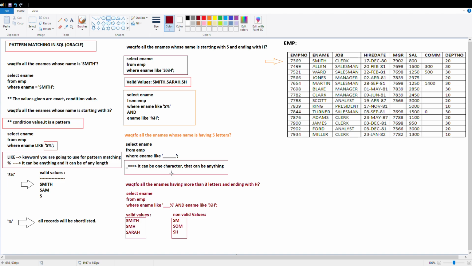Whereas percentage doesn't have a restriction on length. It can be nothing also, it can have 100 values also, 1000 values also. But underscore has a restriction on length. That's why I'm saying it can be only one character, that can be anything, while percentage can be anything and of any length. Hopefully this is the pattern matching. Based on this, there are various combinations of problems which we can solve, but we'll look at them later. But this is the basic concept.